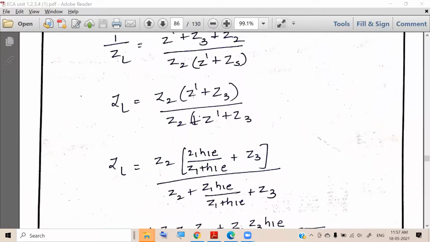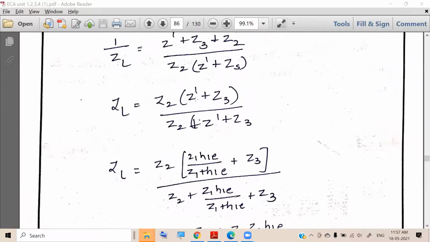Here, in two places we have Z dash. Here in the numerator we have Z dash, and here again in the denominator. So next task, replace both those Z dash with the expression Z1 HIE by Z1 plus HIE.